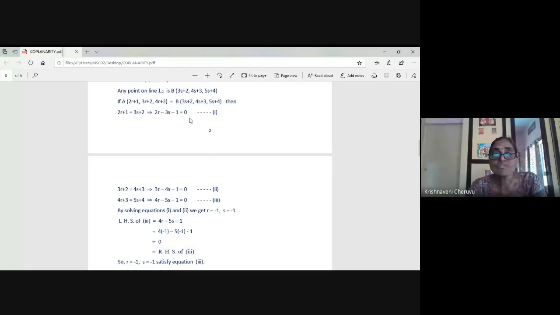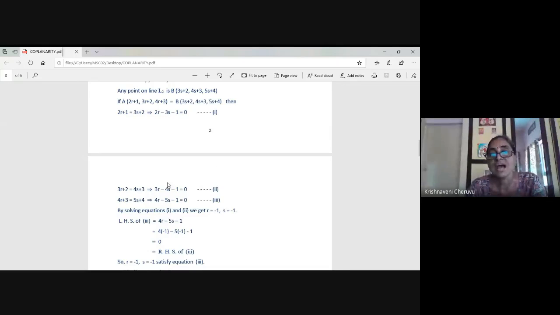Now you have three equations in two unknowns, girls. So here you solve any two of them, either the first two equations, or the second and third, or the first and third, because two equations in two unknowns will give you the unknown values.